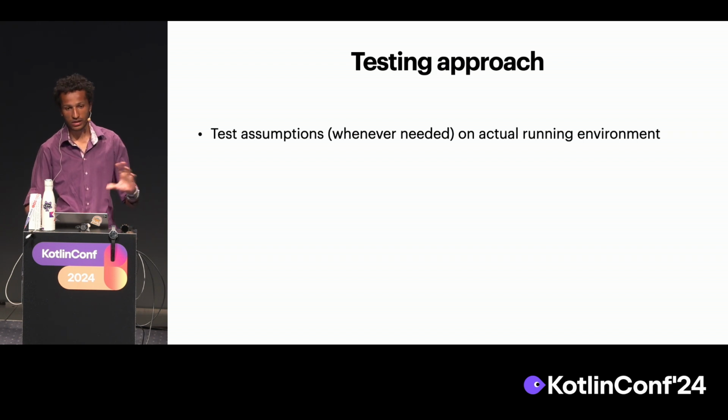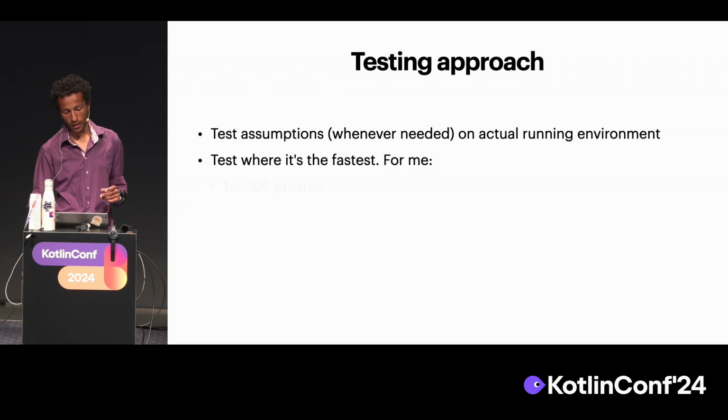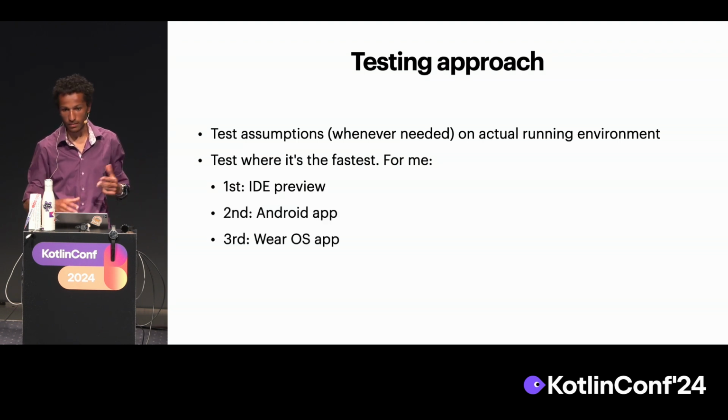Exactly the same. I just stated some assumptions in the beginning, and now I know what happens on the phone, I know what will happen on the watch exactly, and that means that I don't need to test too often on the watch. So first IDE preview, Android app, then Wear OS app in my case. But if you are doing another kind of product, the fastest place to test your code might be another place. So it's up to you to find. At the end, you want a working product, but you don't want to spend too much time testing it.